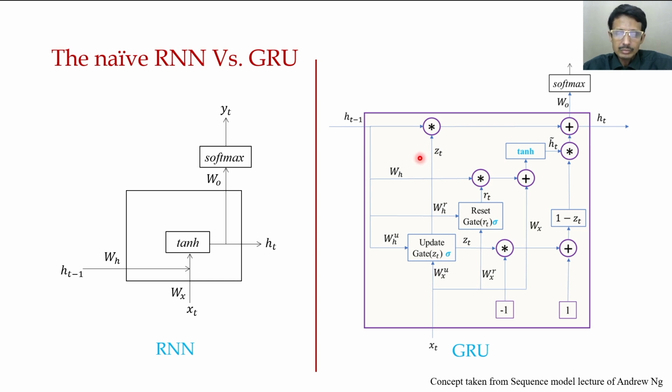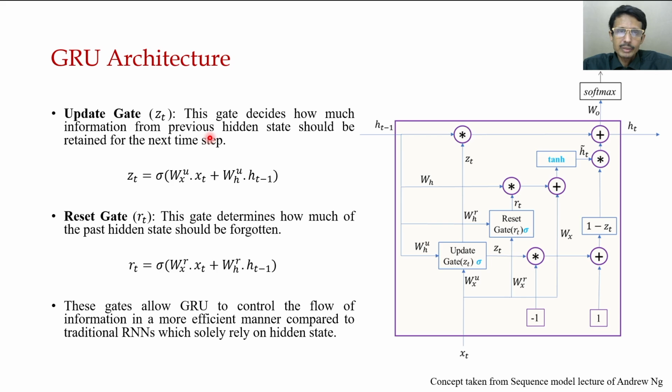First we introduce the update gate. What is this gate going to do? This gate decides how much information from the previous state h t minus 1 should be retained for the next time step.